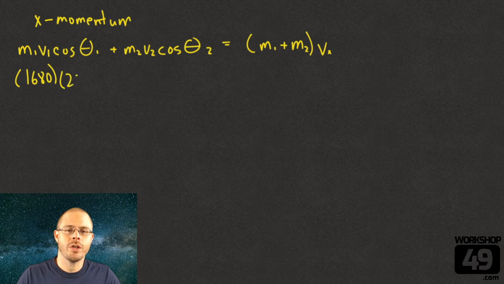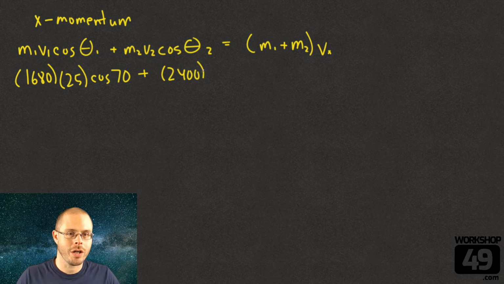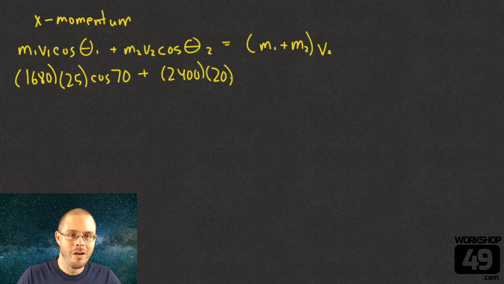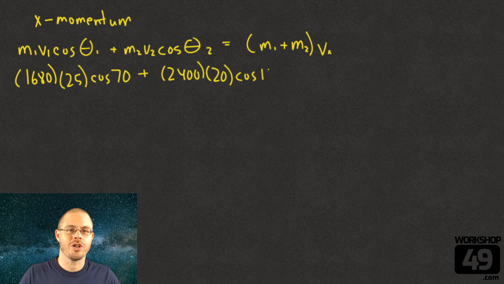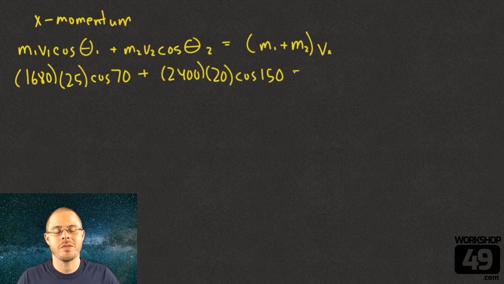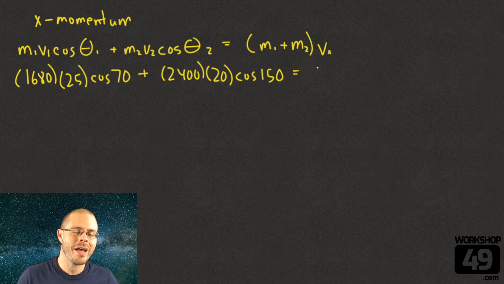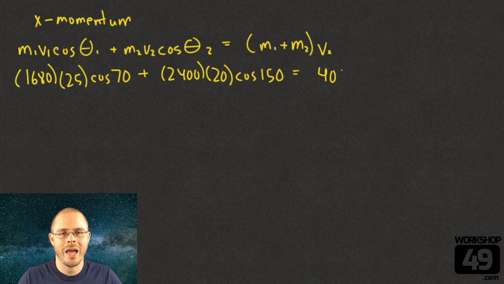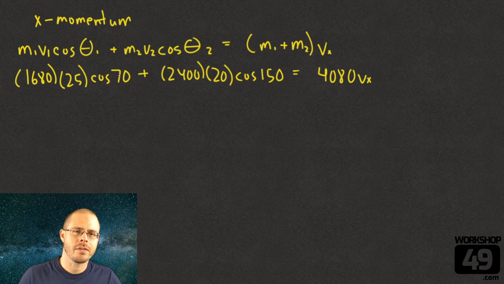We can fill in these values that we know from the question. We know the mass of the car, we know the velocity of the car and the direction it was going, we know the mass of the truck, we know the velocity of the truck, and we know the direction it was going. And this is going to equal the combined mass of both vehicles, which we can add together, to get 4,080 Vx.